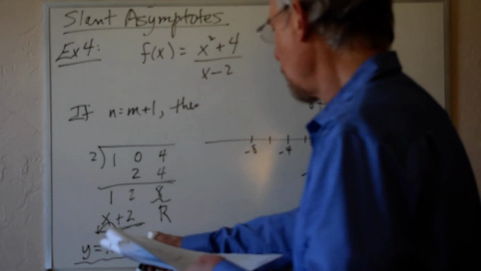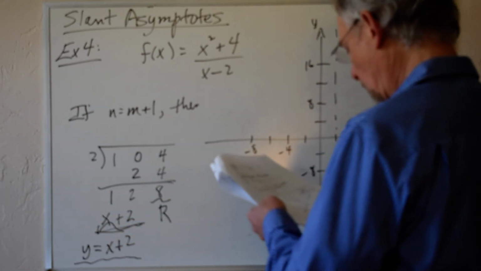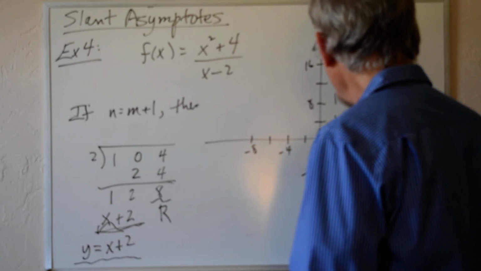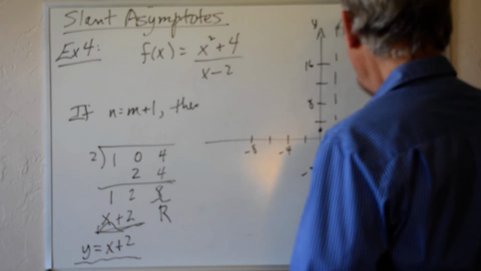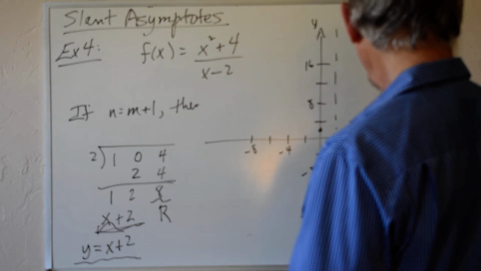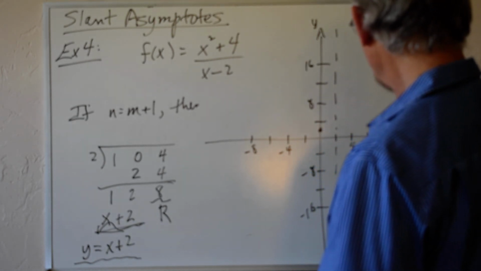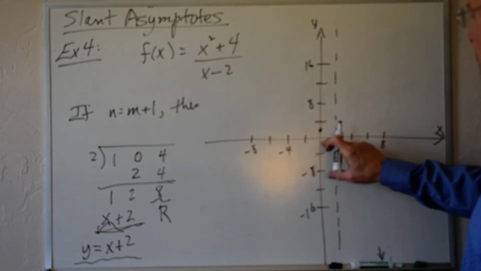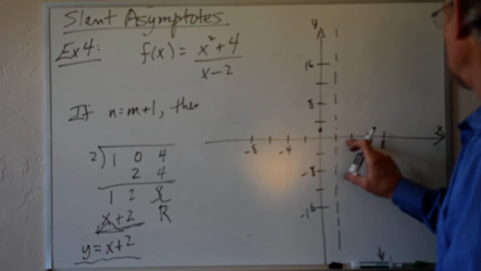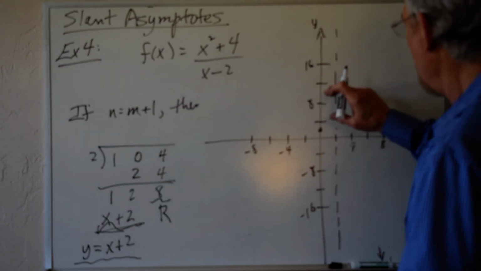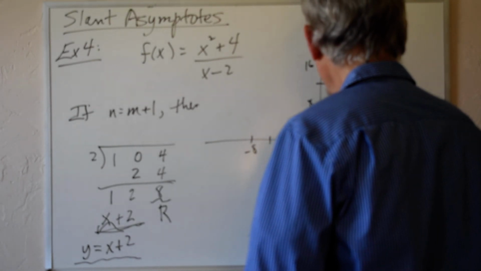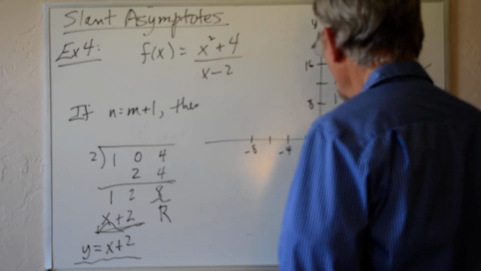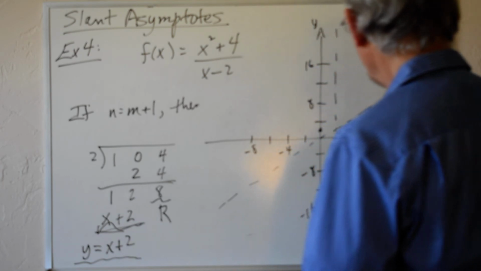Slant asymptote, y equals x plus 2. This is 4, so here's 2. There's my y-intercept. The slope is 45 degrees because, I'm sorry, it's actually going to look flatter because I have a different scale here, right? This is 2, 4, 6, 8. This is 4, 8, 12, 16. So the scale is doubled.